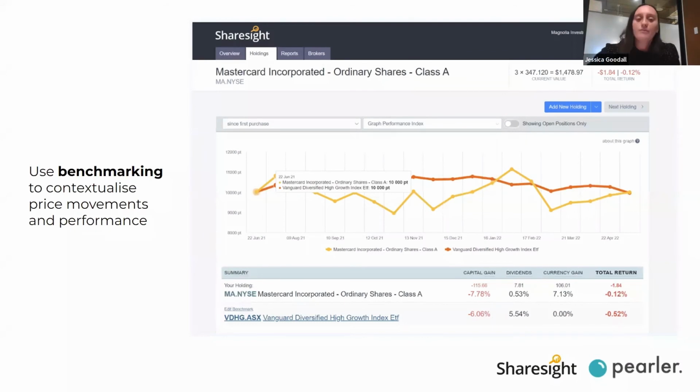So if we look at this example on screen, you can see that MasterCard, which is an asset that I do hold, and that's shown in the yellow line in the graph, that is clearly quite volatile in comparison to its benchmark. The prices are going up and down. Although the total return is slightly better than my benchmark.